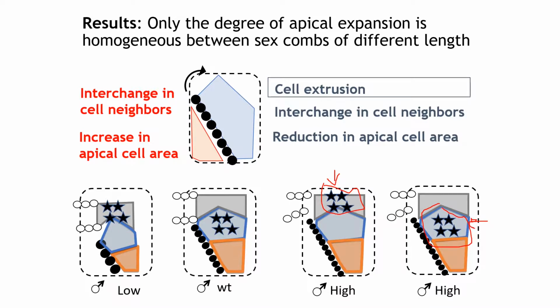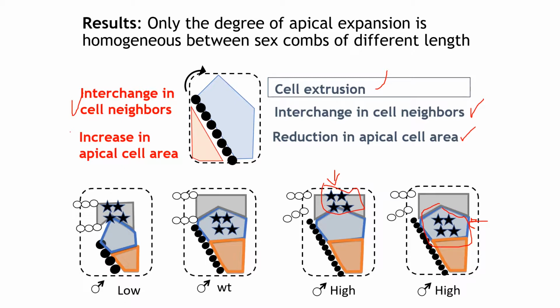So in other words, every time that we study a cellular process, the cell extrusion, the interchange of cell neighbors underneath the comb, all these processes seem to be very variable. Even the reduction in apical cell area seems to be very, very variable.